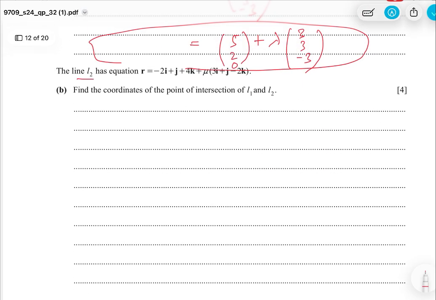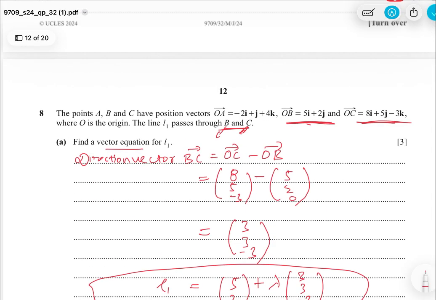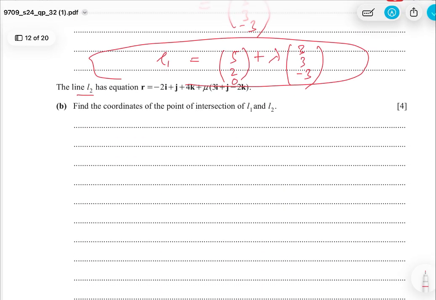This is the equation of L1, okay? Now, line L2 has the equation r = −2i + j + 4k + mu(3i + j − 2k). Find the coordinates of the intersection. So L1 equals 5 + 3 lambda, 2 + 3 lambda, and 0 − 3 lambda.